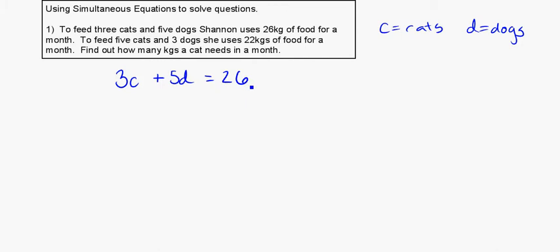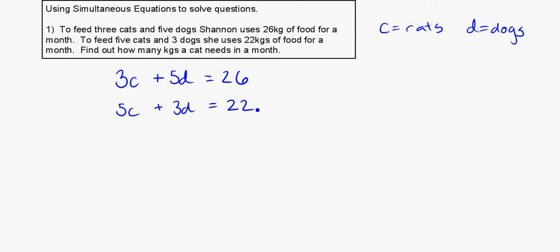And looking at the second sentence here, to feed 5 cats and 3 dogs, she uses 22 kgs of food. So now I've got 2 equations and 2 unknowns, and I can use substitution or elimination to solve this problem.